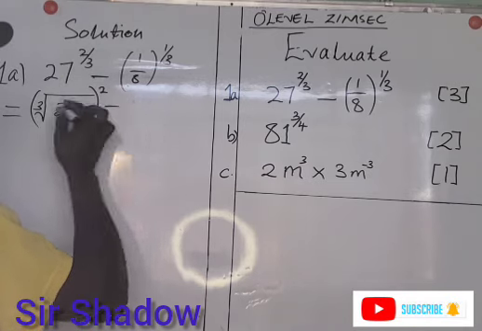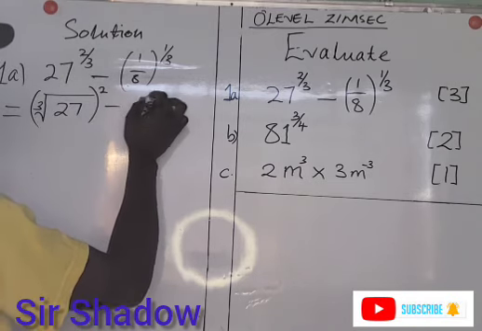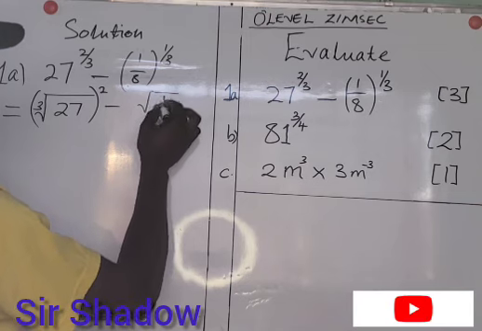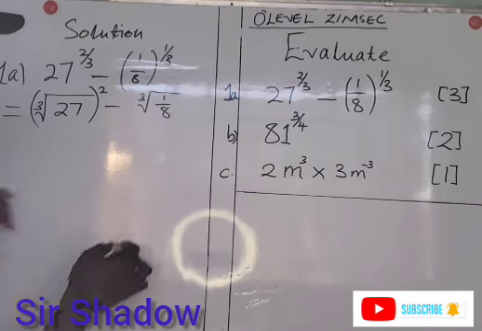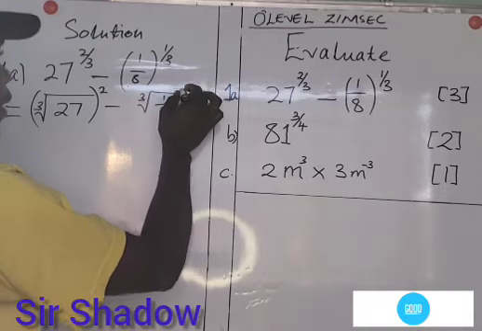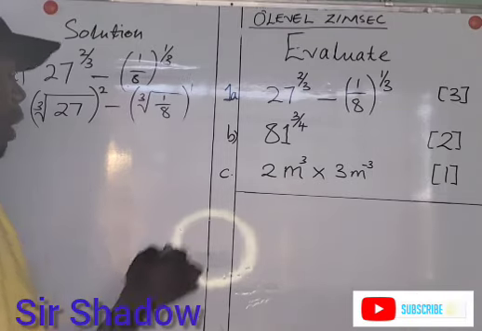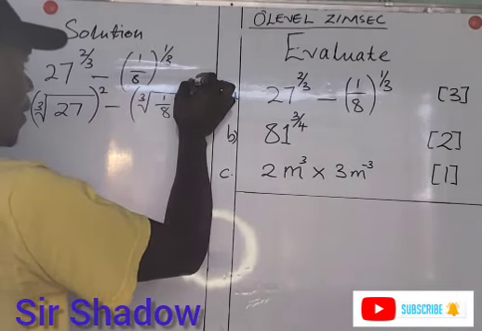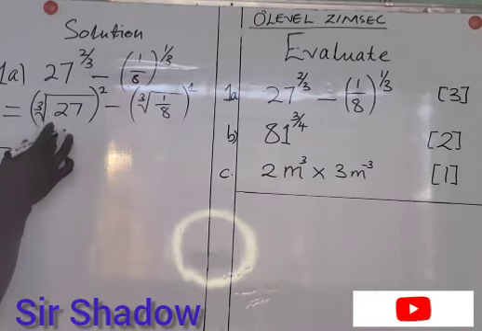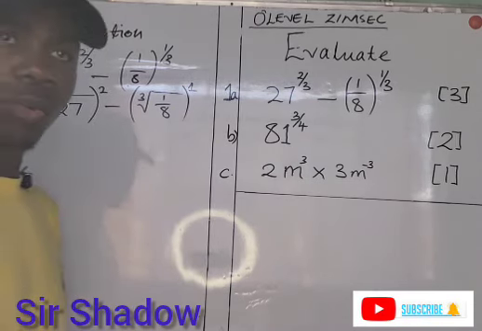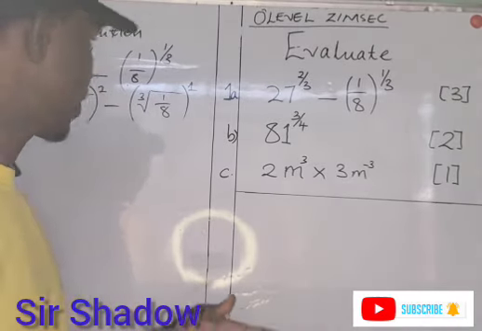Subtracting, applying the same law, we have the root of 1 over 8. The denominator becomes the index of the root, and the power remains the power. So we want to find the cube root of 27.